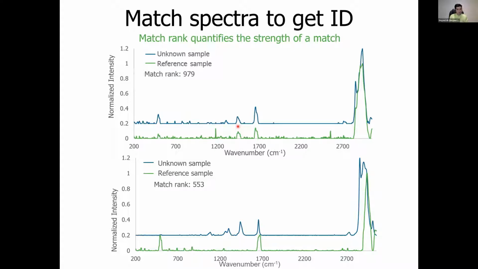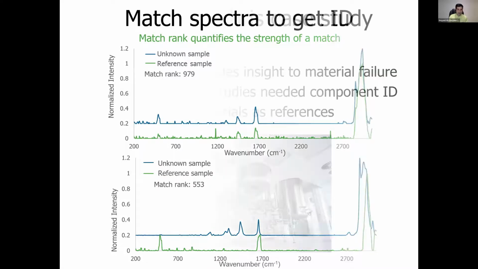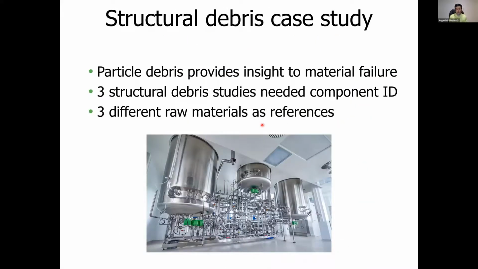With that being said, I'm going to start talking about the first case study that we performed, which was the study of the structural debris from a failure analysis study. We had a customer who had some failure in their structure, and they had provided us with 3 different kinds of structural debris from the location of failure, and they wanted us to essentially identify what kind of materials were present in the debris.